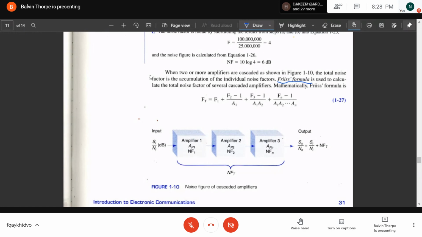And that is what is done in our example as seen on screen. So just bear in mind this formula.